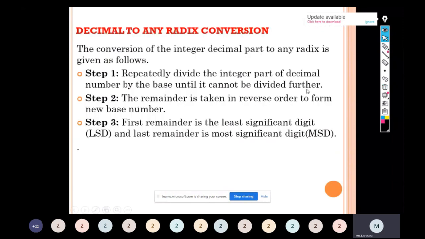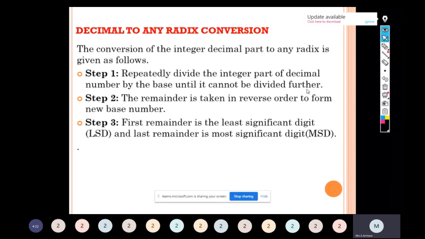Last type of conversion we are going to see is decimal to any radix conversion. So we have seen special conversion and any radix to decimal conversion. Now the last conversion we are going to see in the numbers is decimal to any radix conversion.